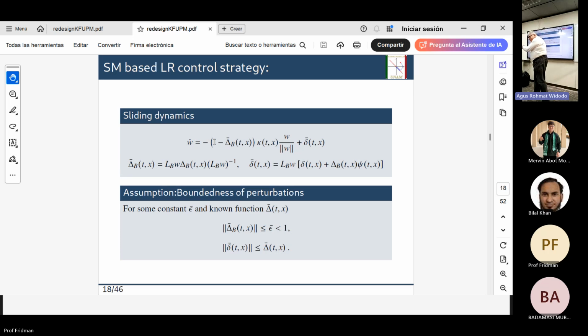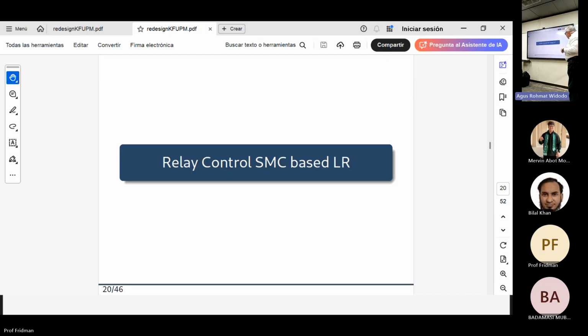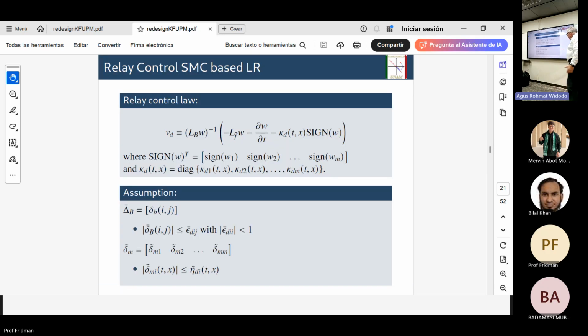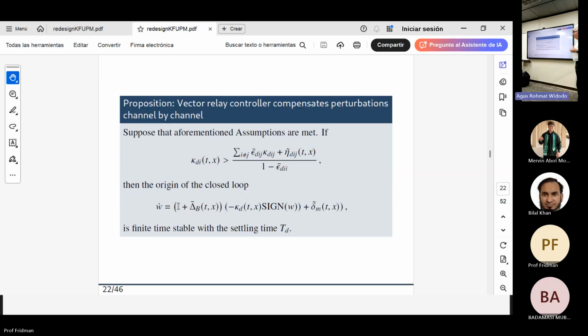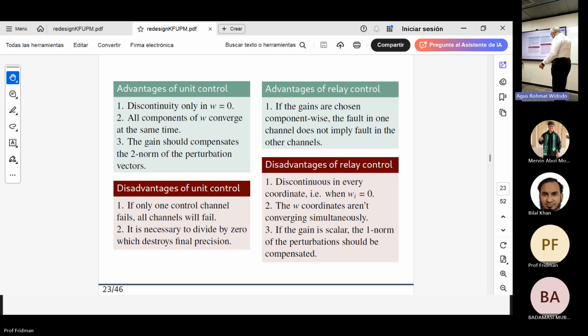One by one. To do that, you can use the other story, which is simple relay control. Channel by channel. If you do this, you will be able to say, okay, maybe one channel will fail, but the other will still work. That's the key point.